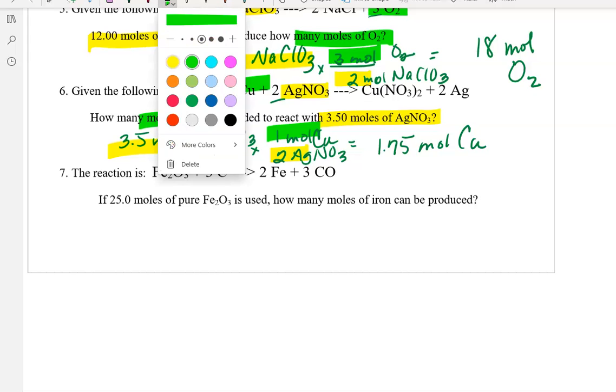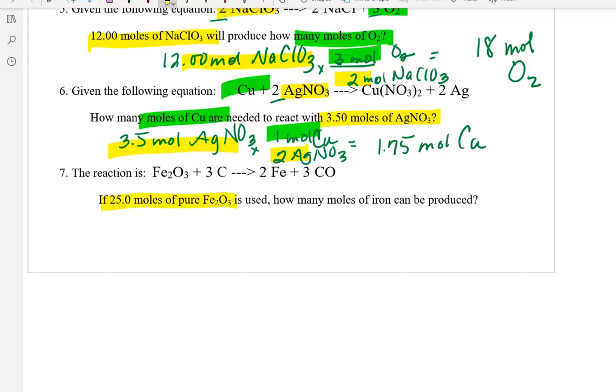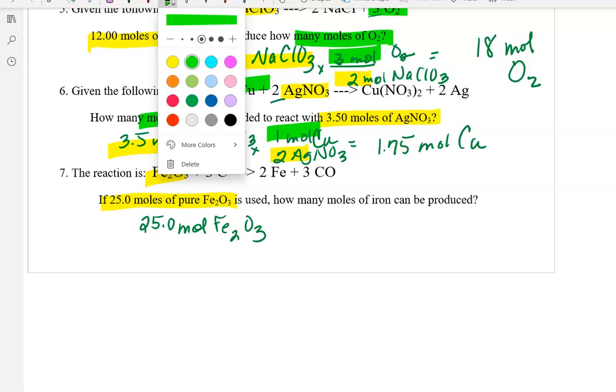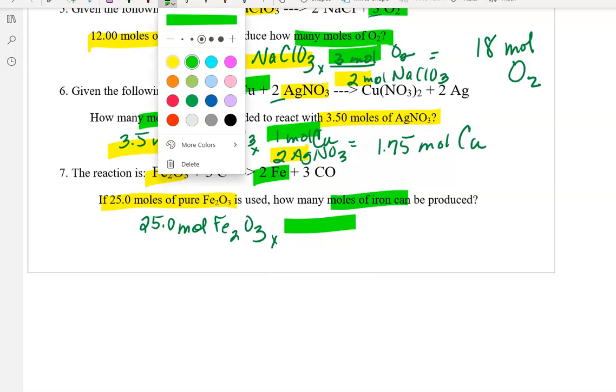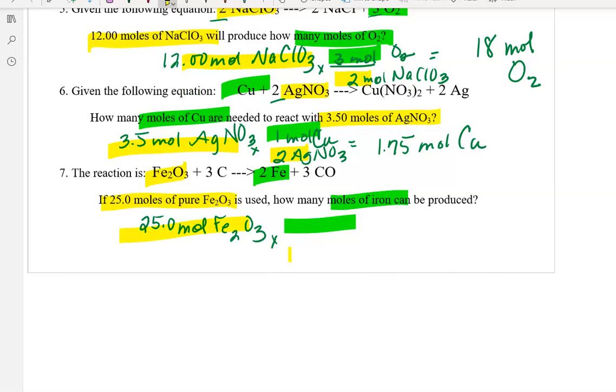Finally, we have 25 moles of pure iron 3 oxide. Now, we're solving for moles of iron. So once again, if I stick with my color scheme here, I look at my coefficients.